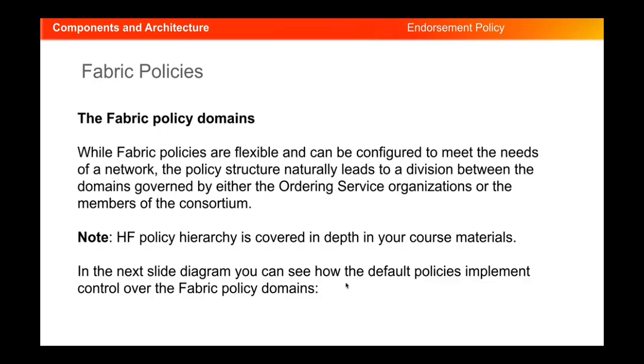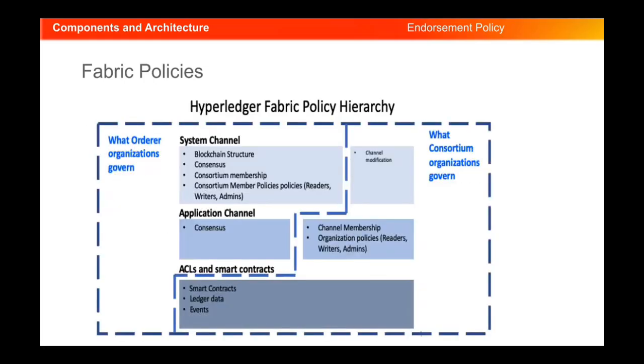In the next diagram that I'm going to show you, you will see how default policies implement control over the fabric policy domains. This structure explains the Hyperledger Fabric policy hierarchy. On the left side of this partition, you can see what the orderer organization governs, I mean, what the orderer organization can keep track of.